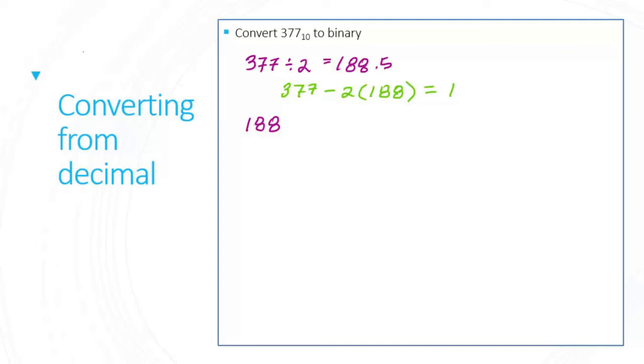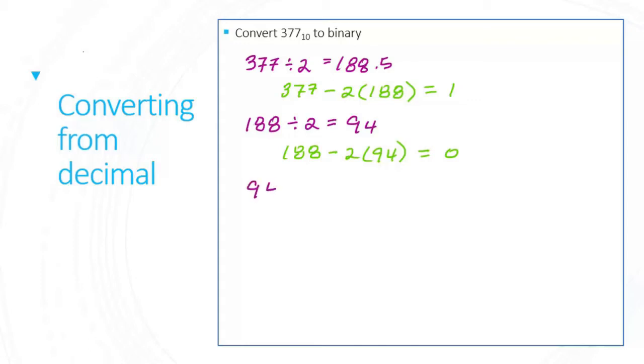When we take 188, we ask how many groups of 2 can be removed from that. In other words, what is 188 divided by 2? 188 divided by 2 is 94. When we remove all 94 groups of 2, we're left with a remainder of 0.